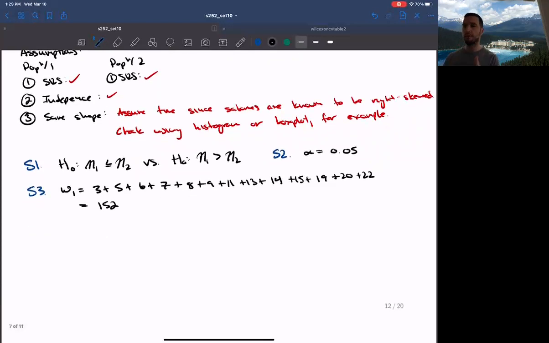Okay, so for step 4, we are going to use the normal approximation for the test statistic. Okay.